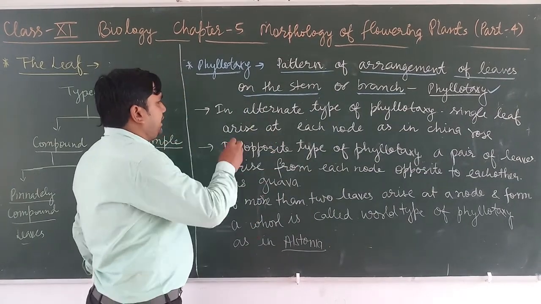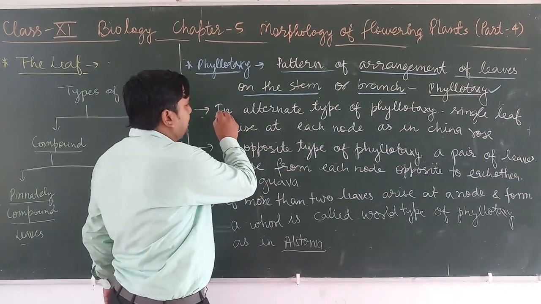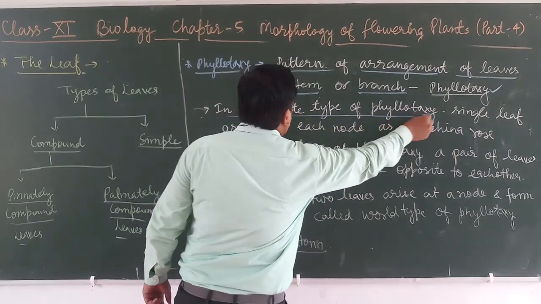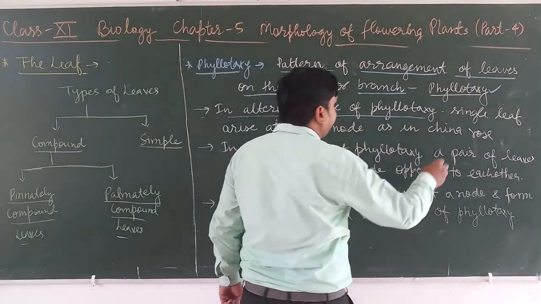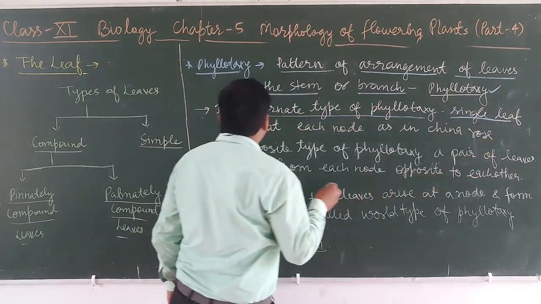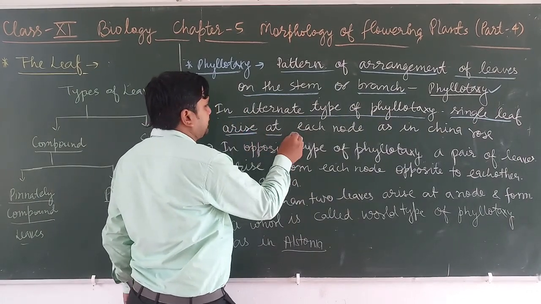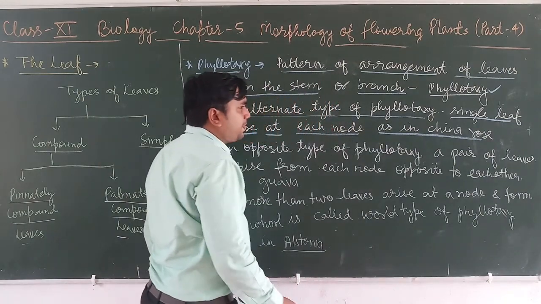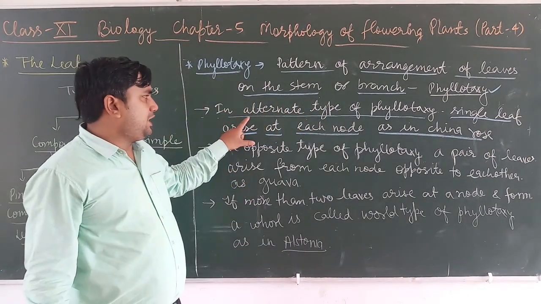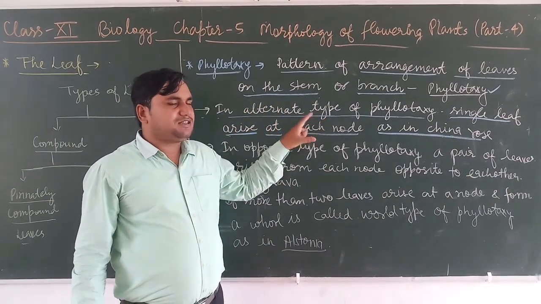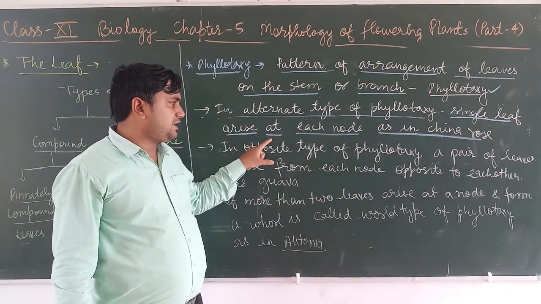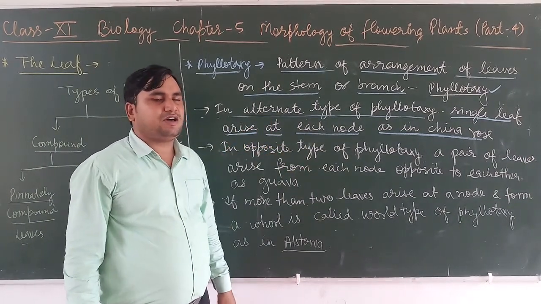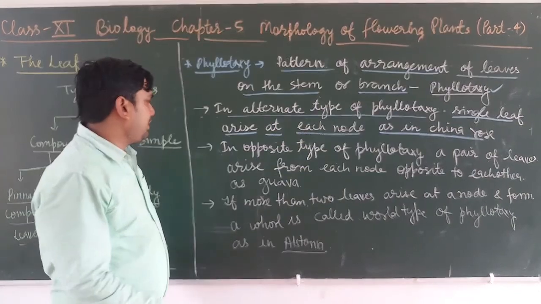Phyllotaxy. And this is alternate type of phyllotaxy, single leaf arises at each node, as shown in the China rose. In alternate type of phyllotaxy, single leaf arises at each node, for example in the China rose.